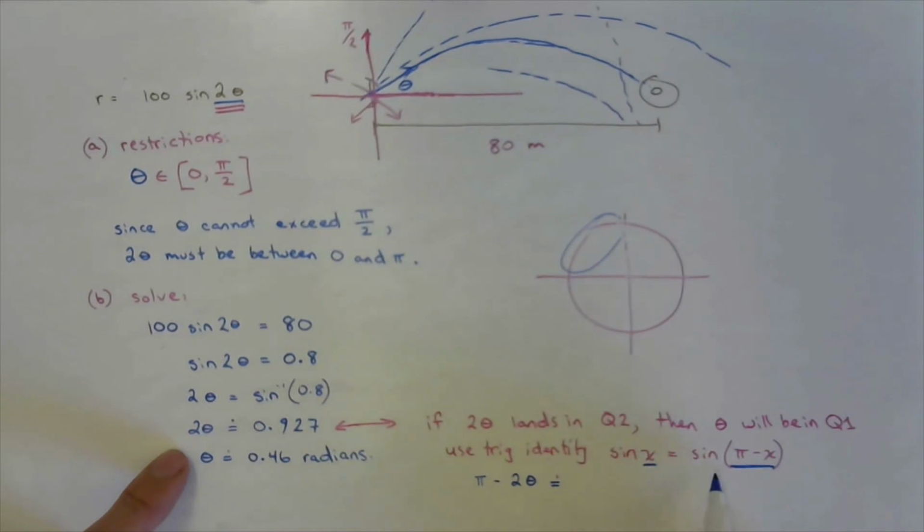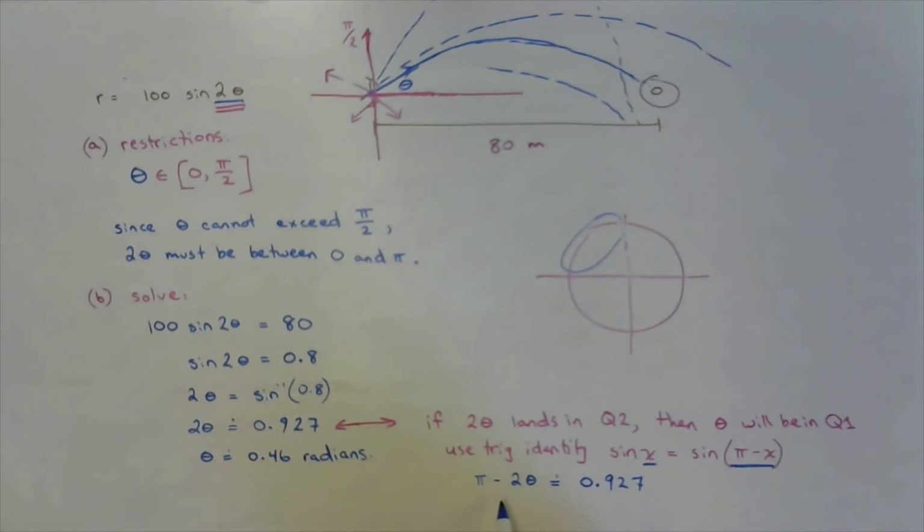If the sine of x is the same as the sine of pi minus x, then x is the same as pi minus x. So if x is 2 times theta, then 2 times theta also equals pi minus 2 times theta. That comes from right here and right here. Since 2 theta is 0.927, pi minus 2 theta is also 0.927.